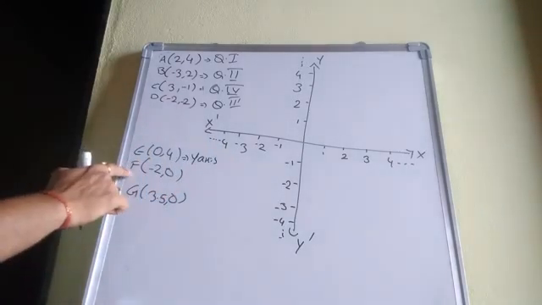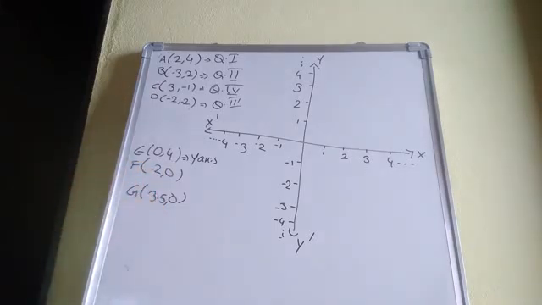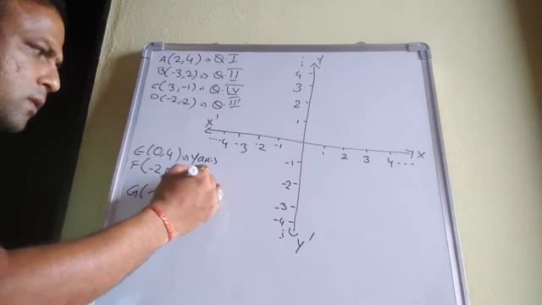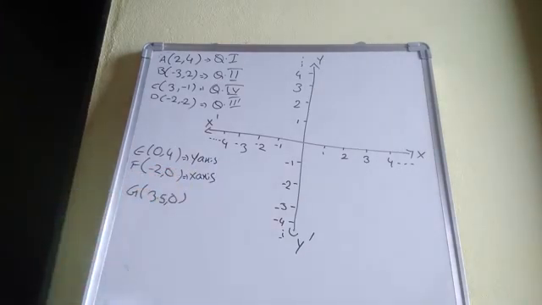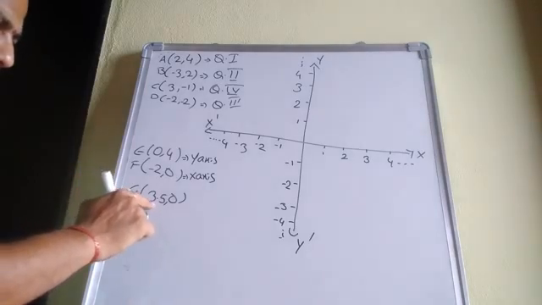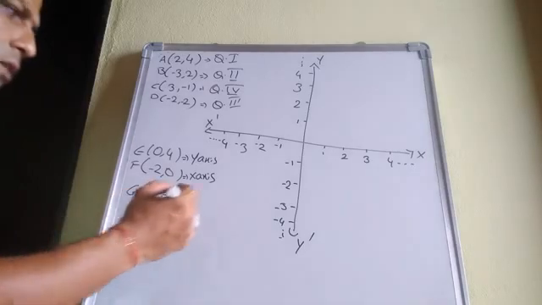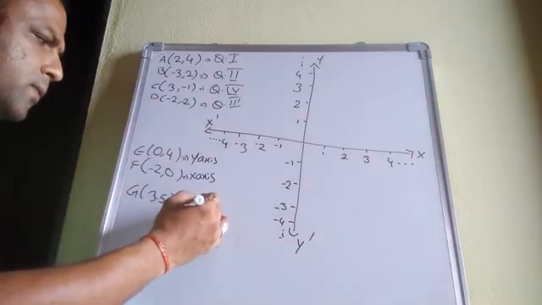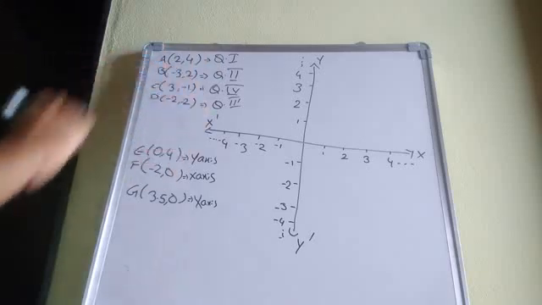If you take the point F (-2, 0), its y value is 0, therefore it lies on the x axis. If you take the point whose x value is 0 and y value is 0, since y value is 0, it lies on the x axis.